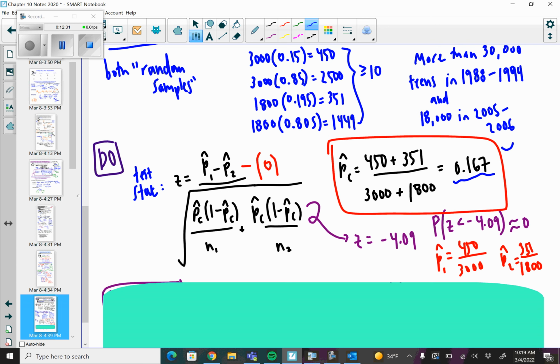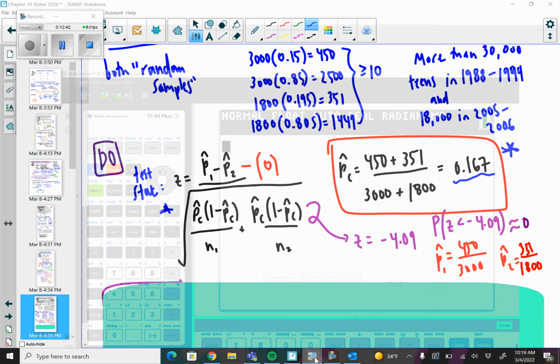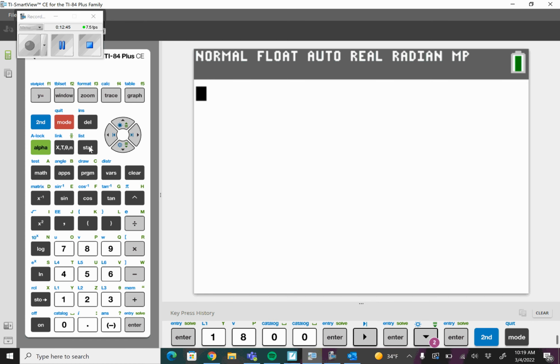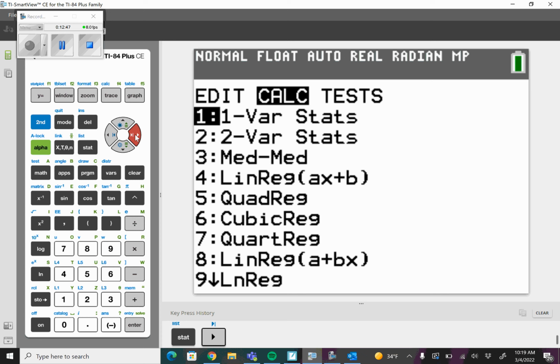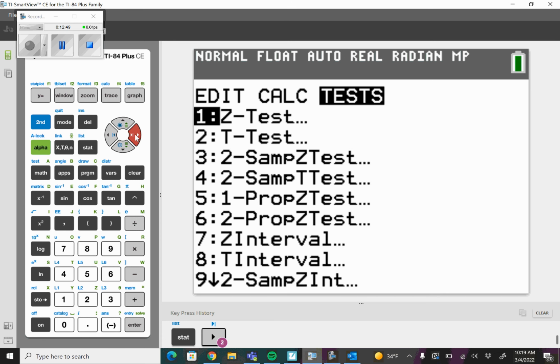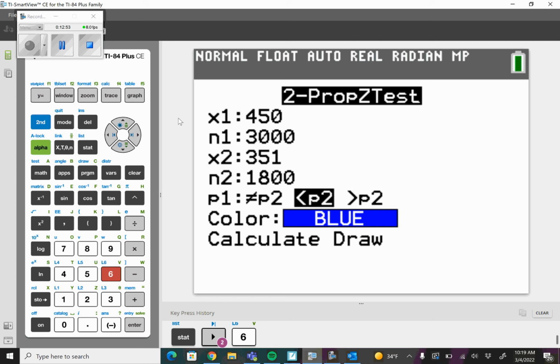This work showing this is important. This work showing what our test statistic is important. However, we can calculate these things in our calculators. Let's do that now. If I go to my, again, stat and over to tests, here I want the two proportion z-test, option 6, where our x1 is the 450 out of 3,000, our x2 is the 351 out of 1,800.